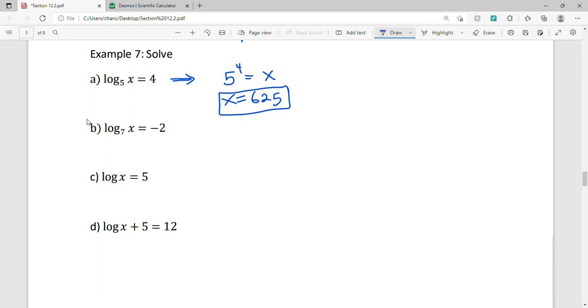In part B, I'll translate this into exponential form as 7 raised to the -2 equals x. And I know 7 raised to the -2 is equivalent to 1 over 7 squared, which translates into 1 over 49.